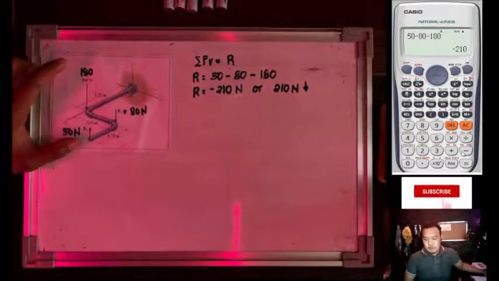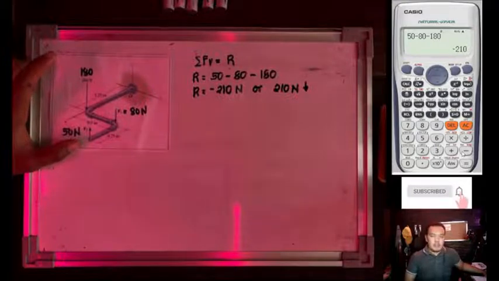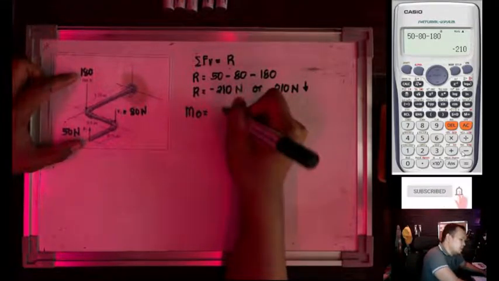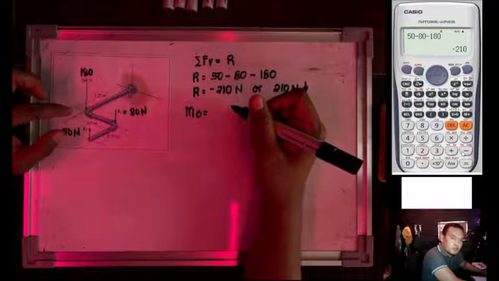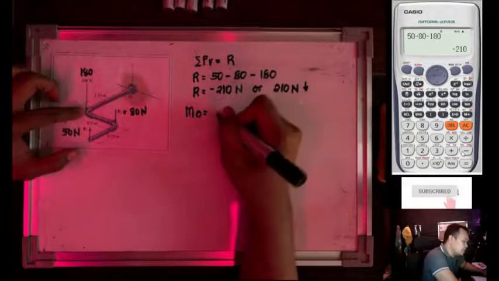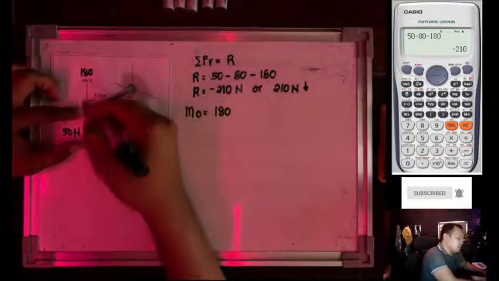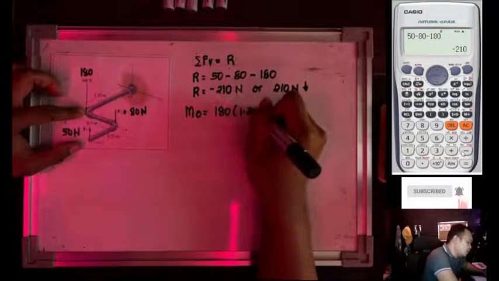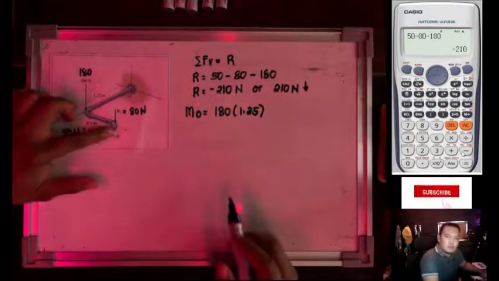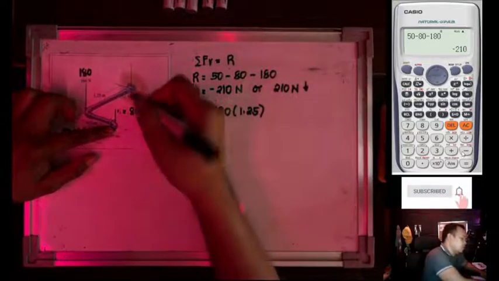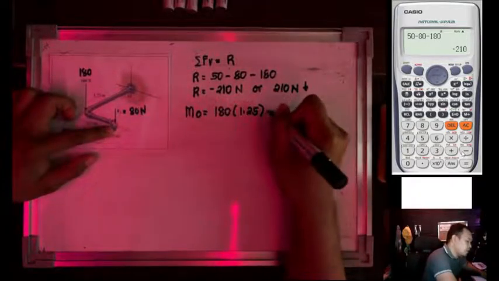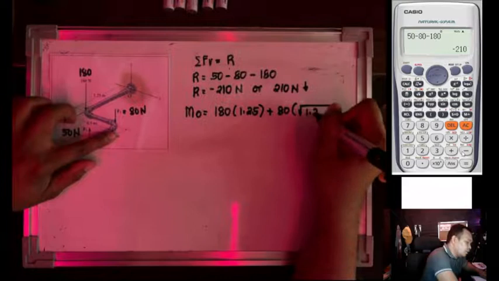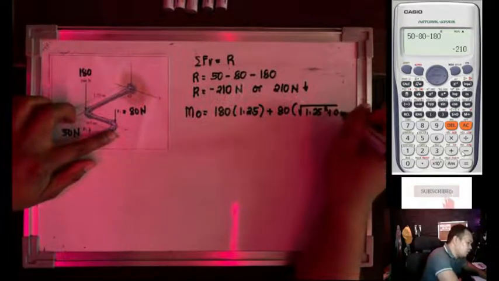Okay? Ngayon, para makuha natin yung couple moment, moment at O is equivalent kay lahat ng forces pupuntahin natin sa O. So we have here 180 perpendicular distance, counterclockwise ang ikot niya, times 1.25. Then itong 80 Newton dito, ang ikot niya ay counterclockwise pa rin, plus 80 times square root of 1.25 squared plus 0.5 squared.